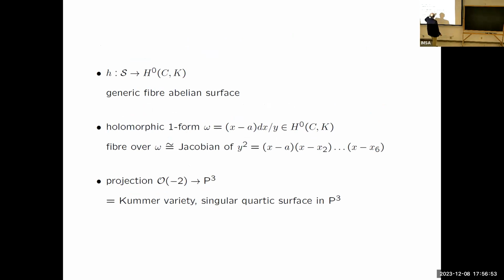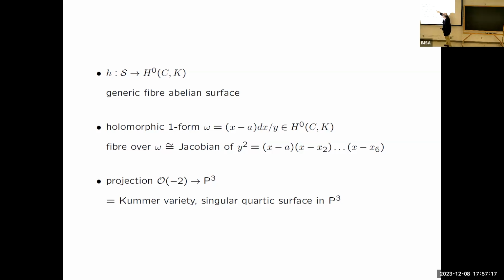In fact, in this case, I talked earlier on about line bundles and Jacobians. Actually, these are Prym varieties. So it's not the full Jacobian of the spectral curve; it's a Prym variety. But in this case, the abelian surface is actually the Jacobian of a hyperelliptic curve, a genus 2 curve, where if you like, you replace the x1 by the a.